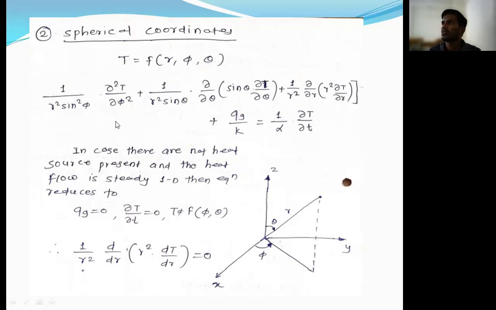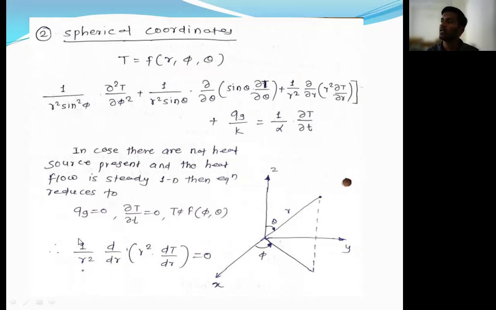Okay, again we have taken the same thing. If there is no internal heat generation, qg is equal to 0, then steady state heat flow is there, so dou t by dou t is equal to 0, and one dimensional, so temperature is a function of only r. Temperature is not a function of phi and theta. So from that we get the equation as 1 upon r square dou by dou r, but afterwards we have considered the complete element.